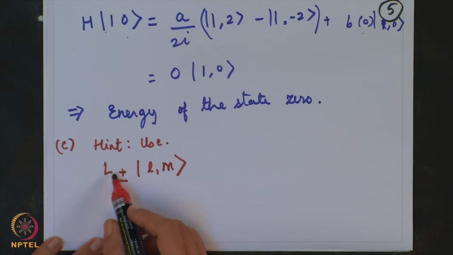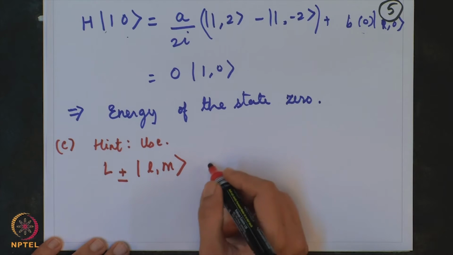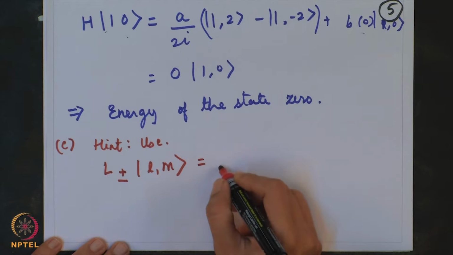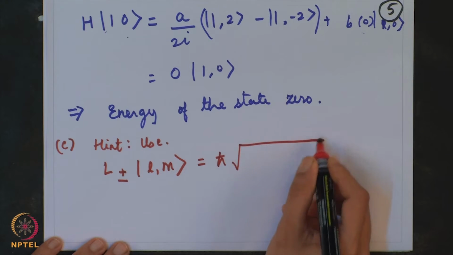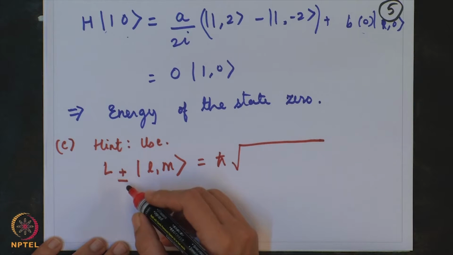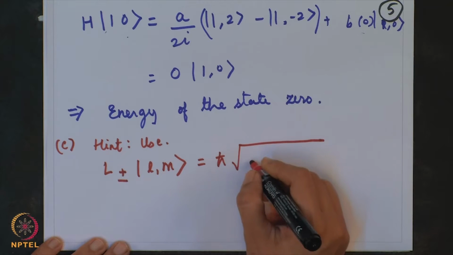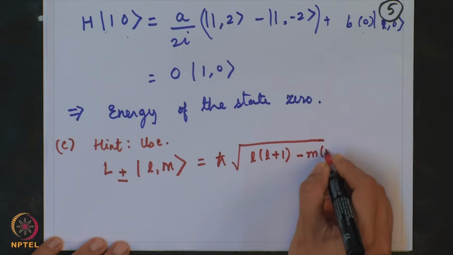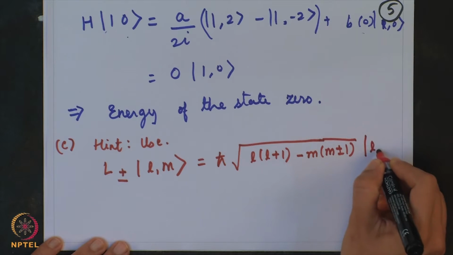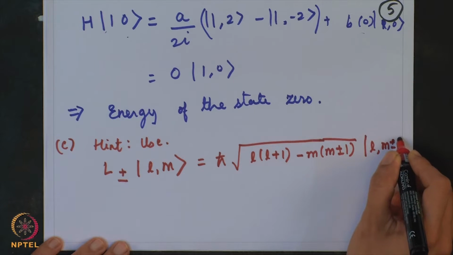When you operate the ladder operator, plus or minus, on the state l comma m, what I obtain is ħ square root, so I will have C plus minus, which is nothing but the CG coefficient, Clebsch-Gordan coefficient. I will have l into l plus 1 minus m into m plus minus 1, times ket l comma m plus minus 1.